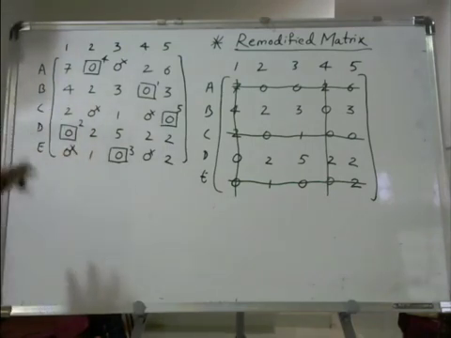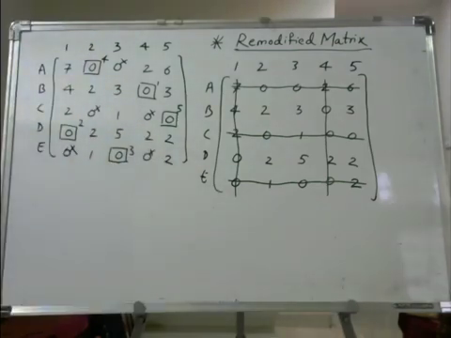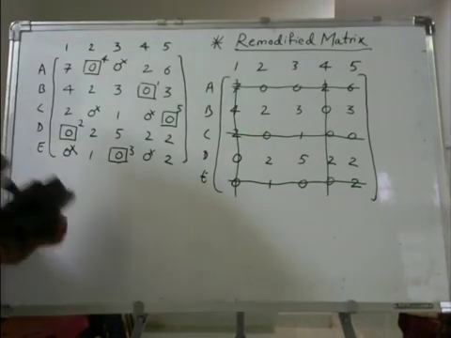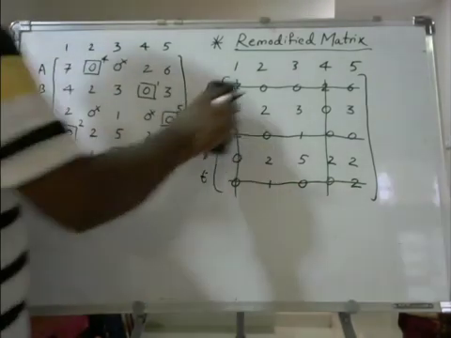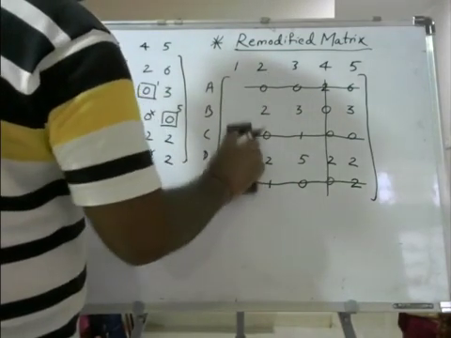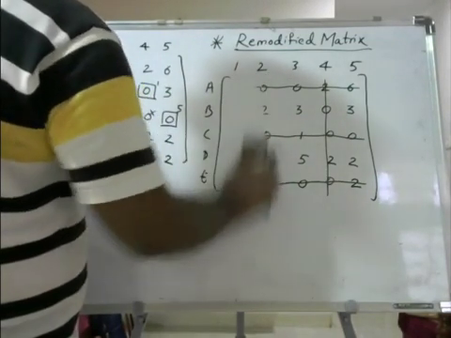Anyway, to quickly understand how this has worked, we need to actually refer to the original matrix. I don't have the original matrix here, so I'll write down the original matrix figures here in this matrix.